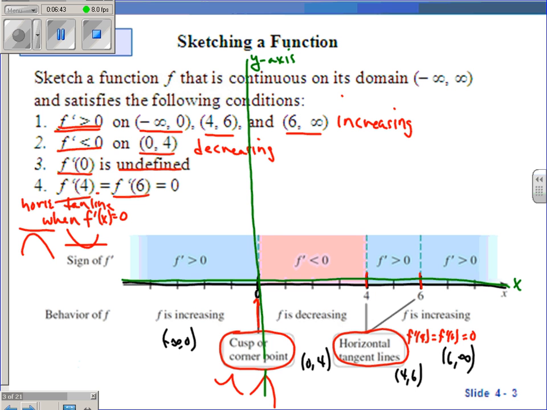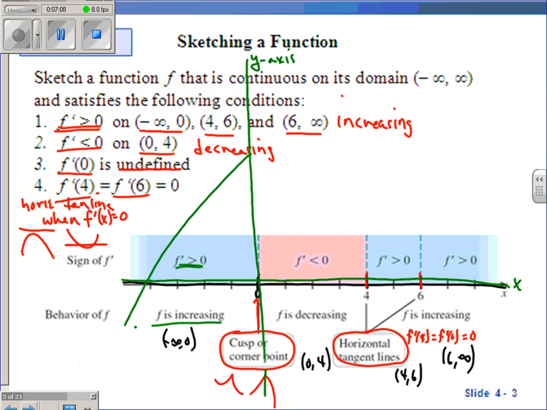Now, I have no idea where this graph starts. It might start down at negative 100. It might start at 0 or 5, whatever. I don't know. But what I do know is from negative infinity to 0, the function is increasing because the derivative was positive. So I'm going to draw that function so that it's going up. Now, I don't know how it's curved, but I do know it's going up.